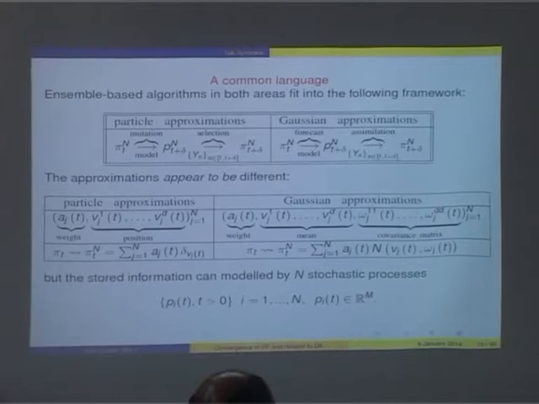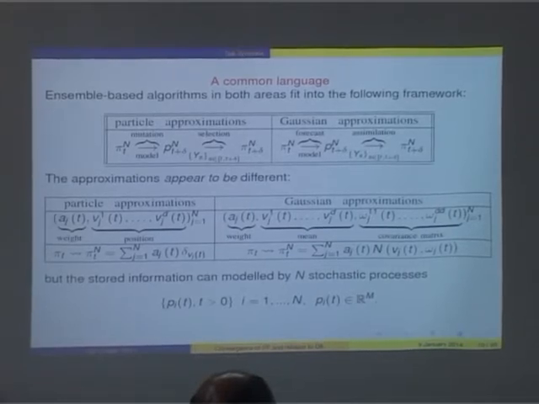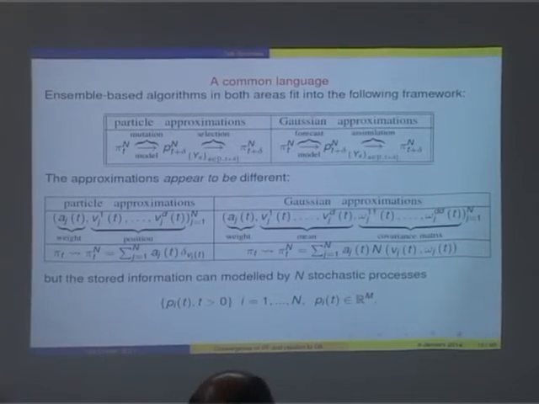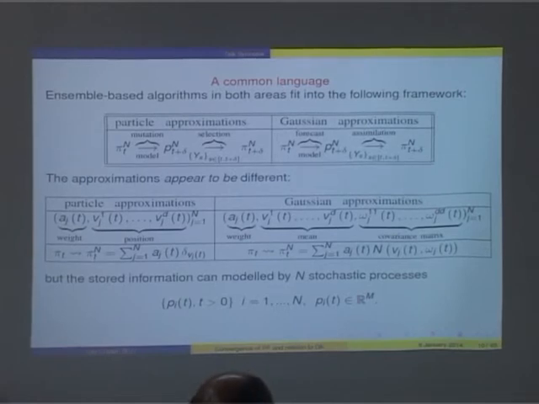So this is just to show that there is a strong parallel between the two algorithms, and on the next page you will see that what you see on the right-hand side is in fact a particle filter.